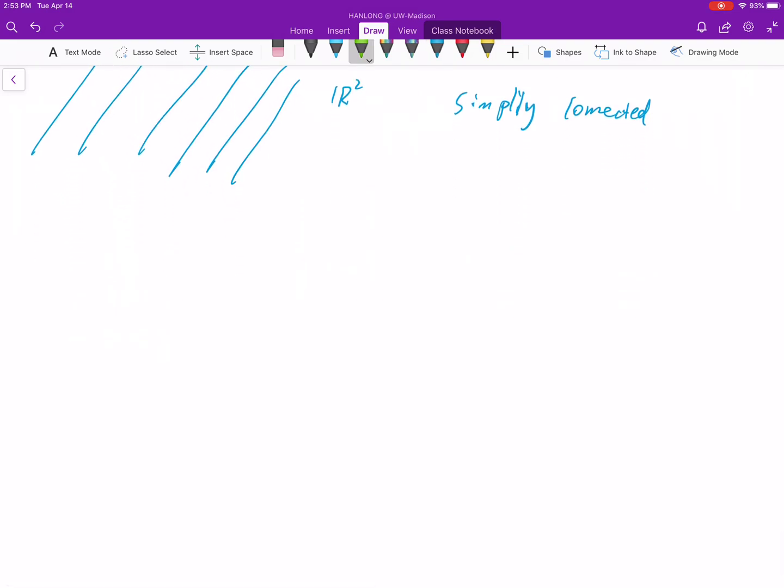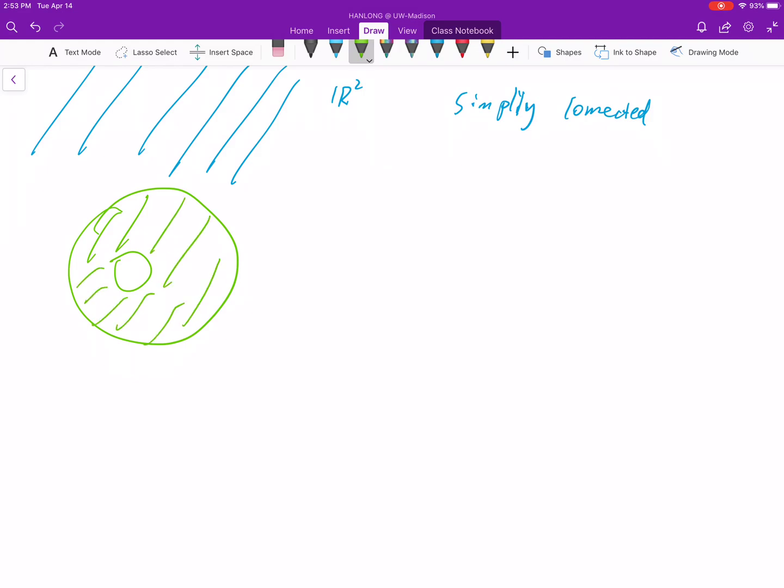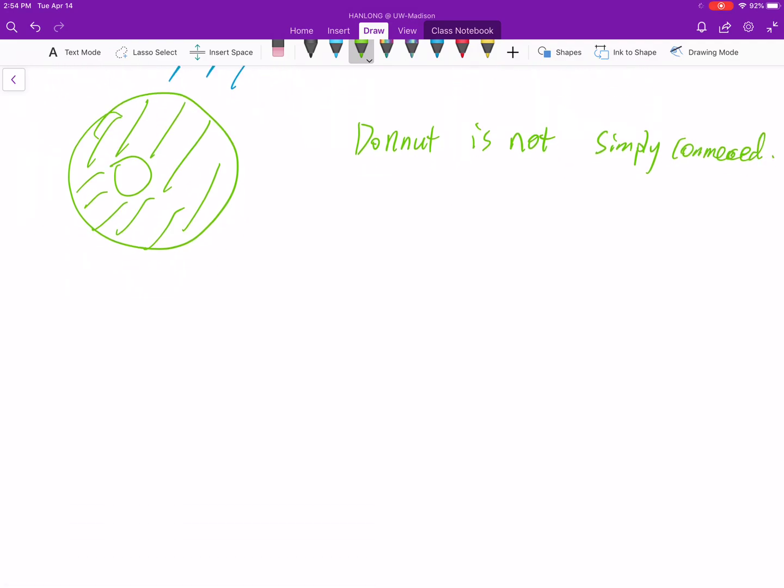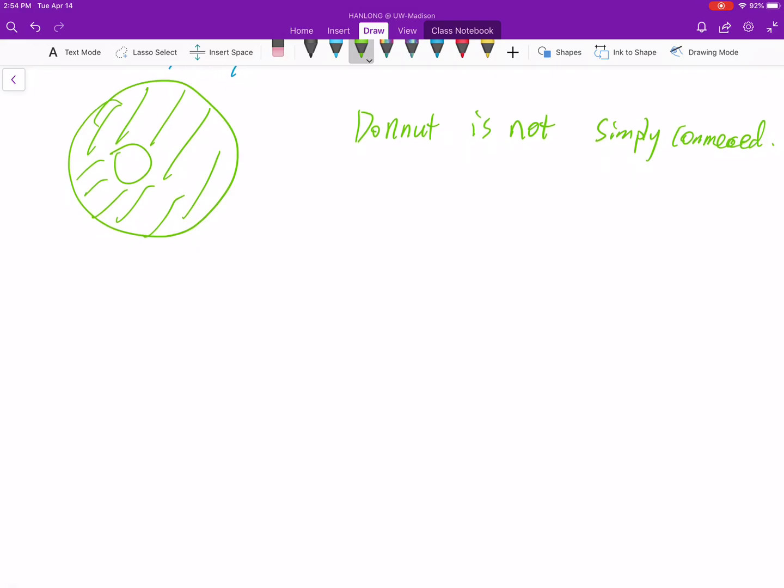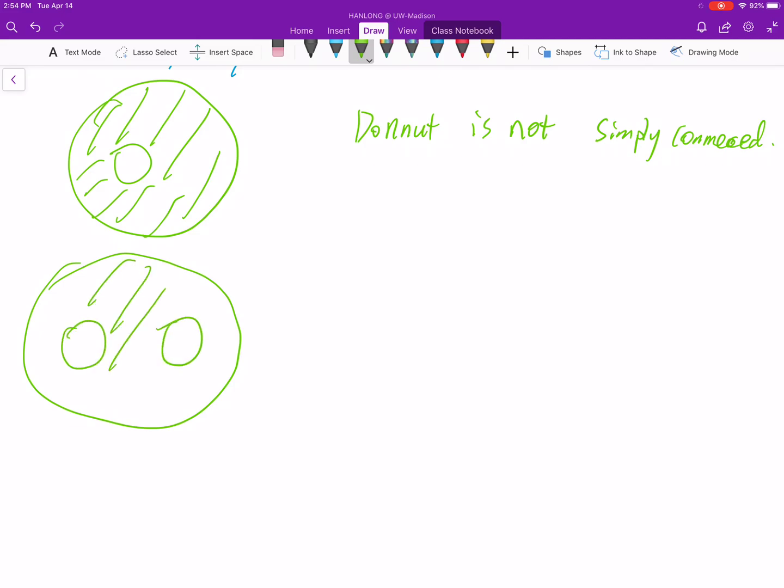And a non-example, this donut is not simply connected. Therefore, you cannot apply the theorem for donuts. And of course, you can have this ghost face, this is not simply connected.